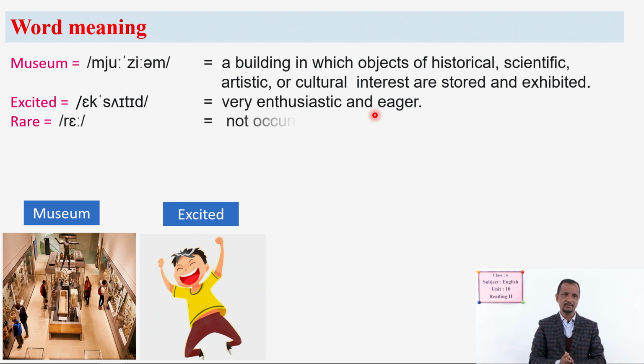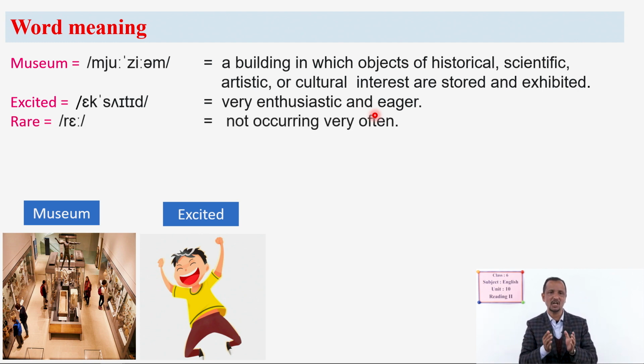Similarly, the next one, rare: not occurring very often. Okay, sometimes, right? That is rare. Let's pronounce it. Rare, right? The last R we have to omit while pronouncing. Okay, rare, or not rare. It's also acceptable, no matter.